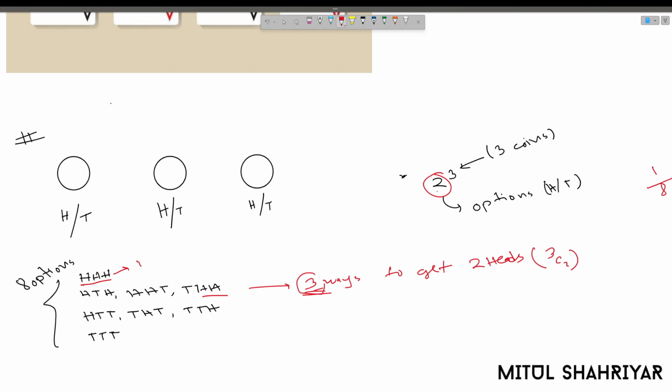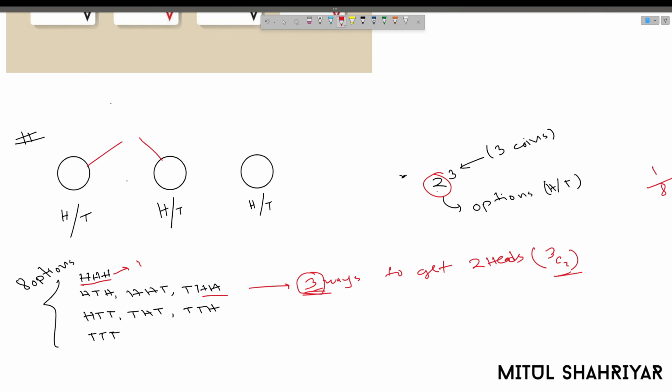So you can say this should be 3, but there is another way to do it mathematically, which is called 3C2. We have 3 coins, and we'll be happy if 2 of the coins have heads.